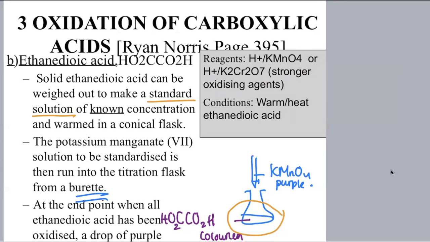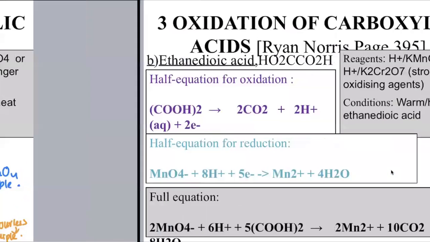The first color change that you see is the endpoint, the first permanent pale pink color. Not even dark pink. So the color change that you would see here would be colorless to pink, not purple to colorless. You don't look at the color change of the potassium manganate. It has to be the one in the conical flask.